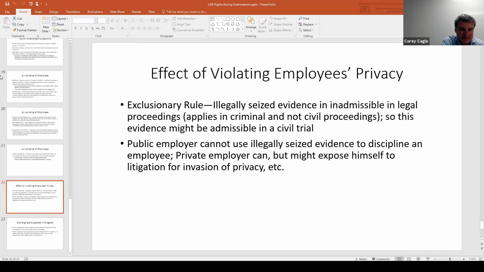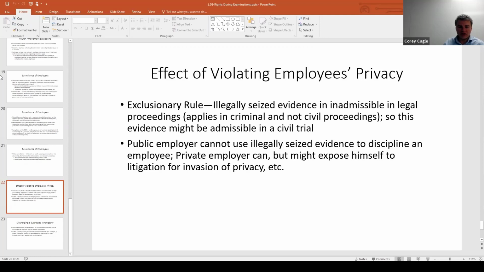The effect of violating an employee's privacy. There's the exclusionary rule. So exclusionary, think excluding, right? Illegally seized evidence is excluded. It's inadmissible. That applies in criminal and not civil proceedings. So it might be admissible in a civil trial.